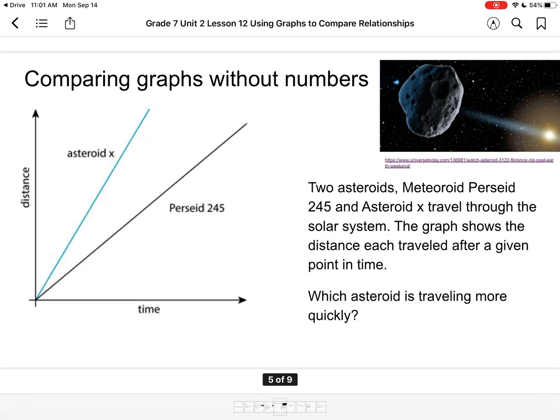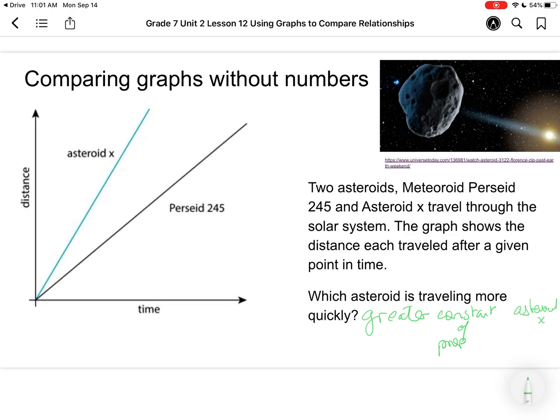So here we can compare graphs without numbers. Which asteroid is traveling more quickly? So which asteroid has the greater constant of proportionality. The greater constant of proportionality, or the steeper line, is asteroid X. And let's prove that. Let's pick some random time. I'm going to just pick here, say, and go up along. And let's look at their distances travelled.